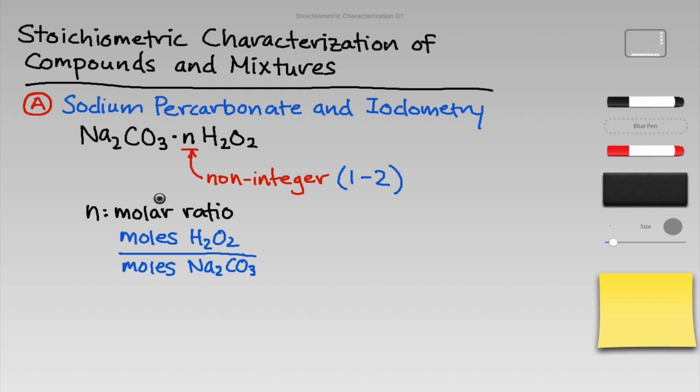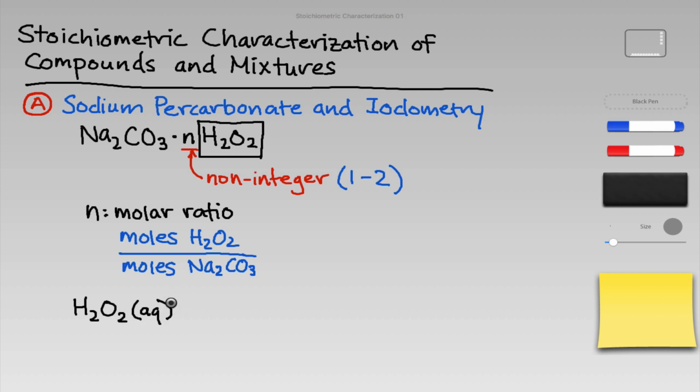So our goal here, since experimentally we'll be working with numbers of moles on a relatively large scale, is to determine the moles of H2O2 in a sample of this compound per mole of sodium carbonate. And to do this, we're going to take advantage of a specific reaction of the hydrogen peroxide component of this sample. Specifically, when we take sodium percarbonate and dissolve it in water, it separates into the sodium carbonate and hydrogen peroxide portions.